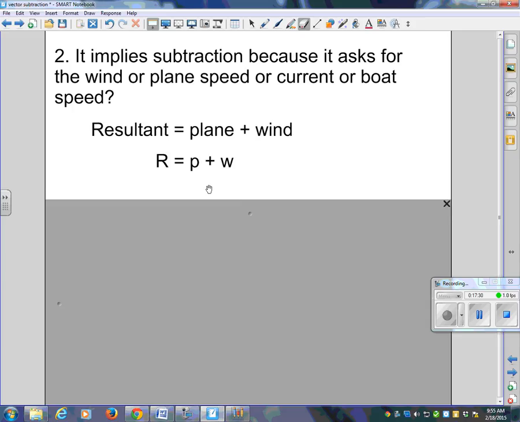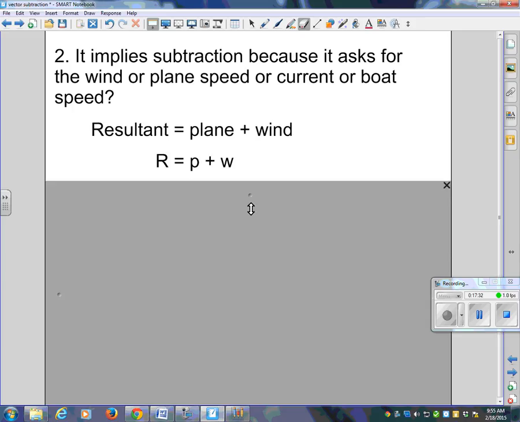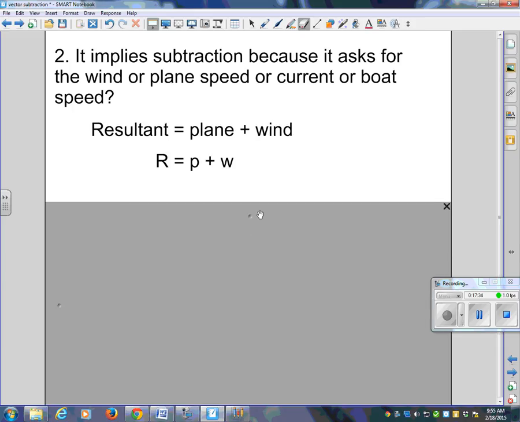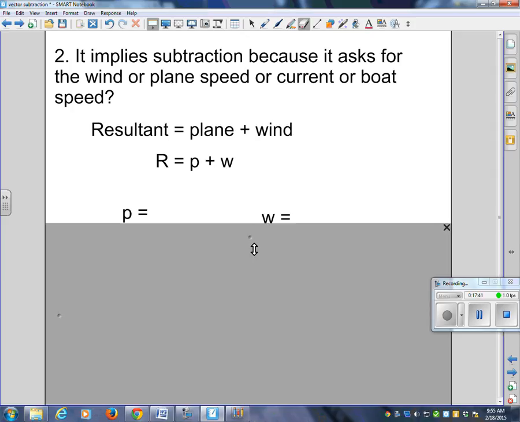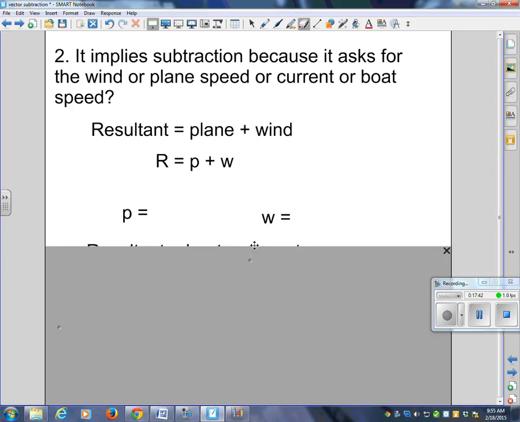We know that if we're talking about planes and wind, the resultant R is the plane speed plus the wind speed. You add them together, right? Now, what if I want to know the plane speed? What if I give you the R and I give you the W?